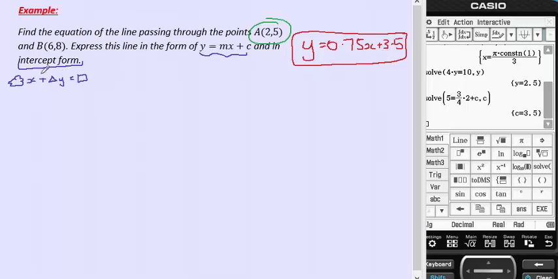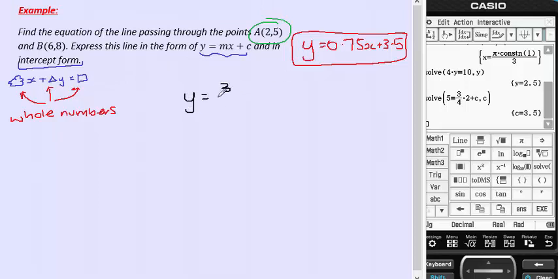But part 2 of the question says I need to write this in intercept form. And intercept form tells me that my cloud and my triangle and my square should all be whole numbers and not fractions. So I need to now rearrange my equation so that it looks like this. So I'm starting off with y equals 0.75.